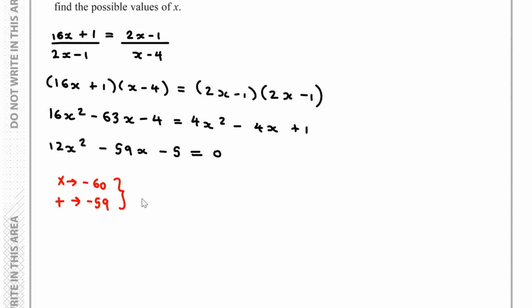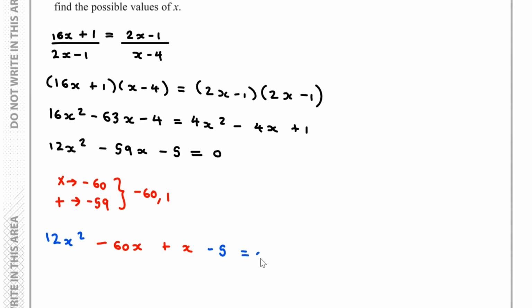Those two numbers are minus 60 and 1. So I can rewrite what I have here in terms of what I've just found. So therefore, we've got 12x squared minus 60x plus x, and then I've still got the minus 5, and this is equal to 0.